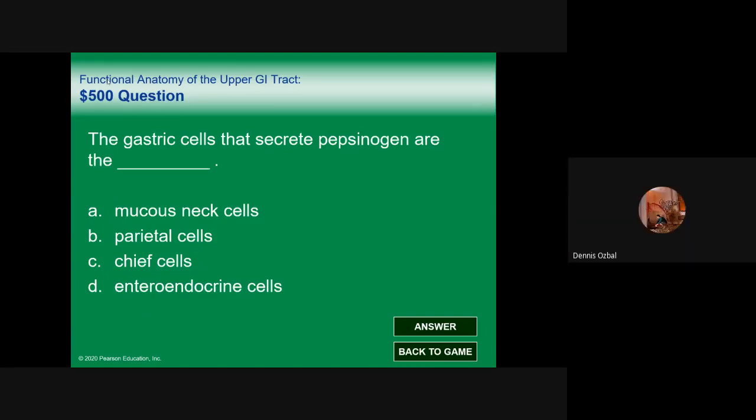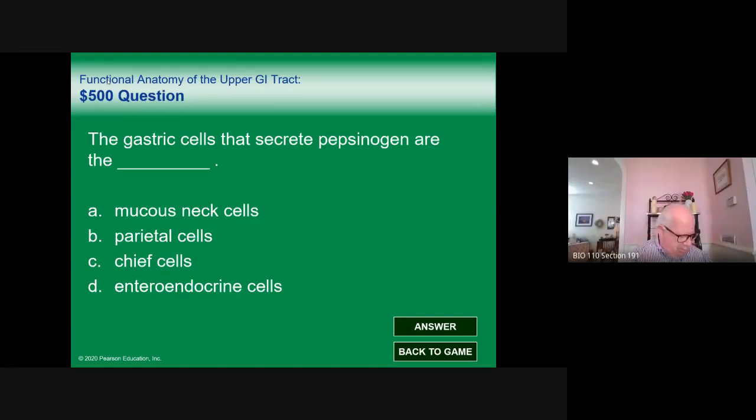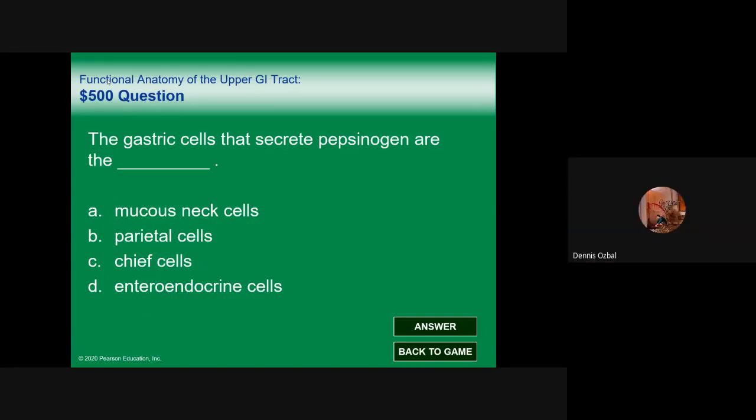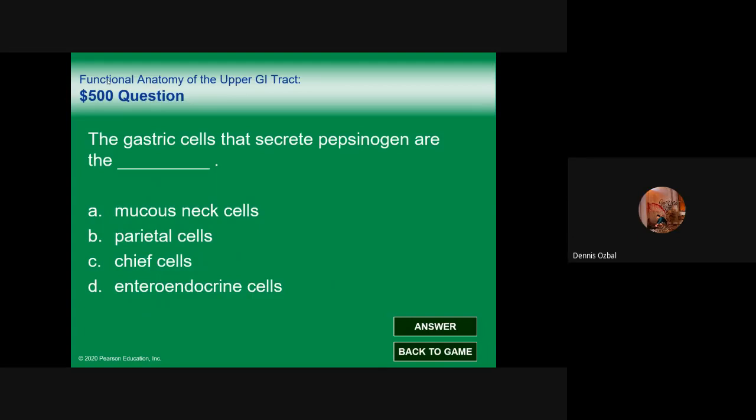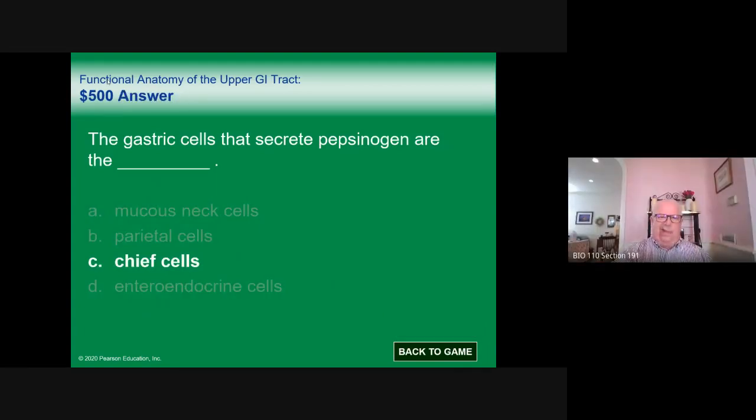No, it's not. Then it has to be A. No, it has to be C. Chief cells. Chief cells produce pepsinogen. Okay? Know these cells of the gastric mucosa. Know what they produce. Very important.